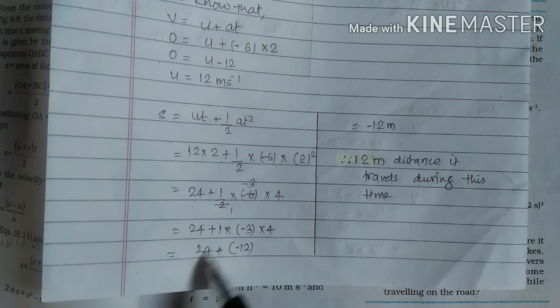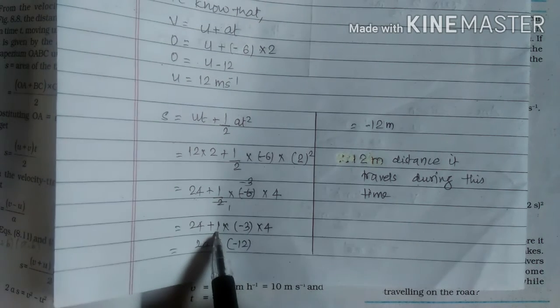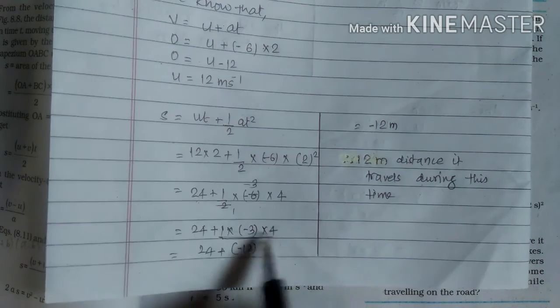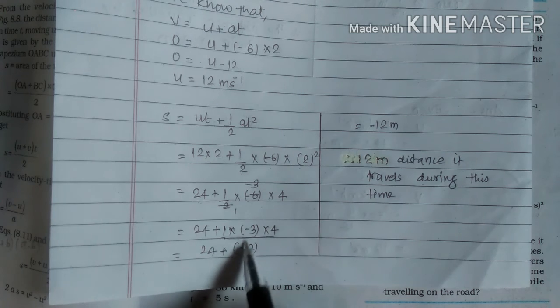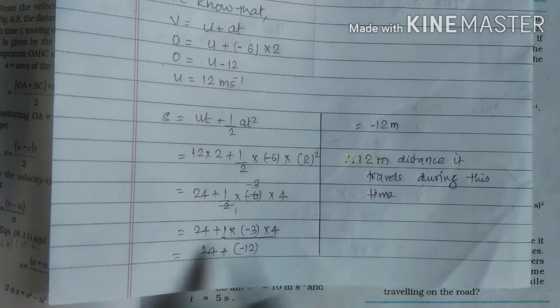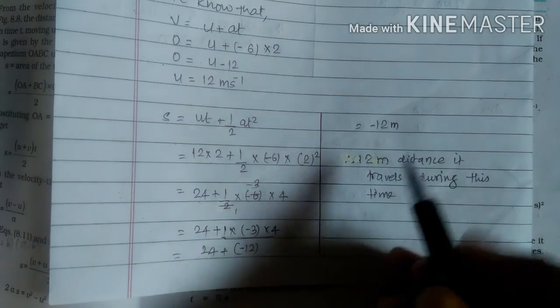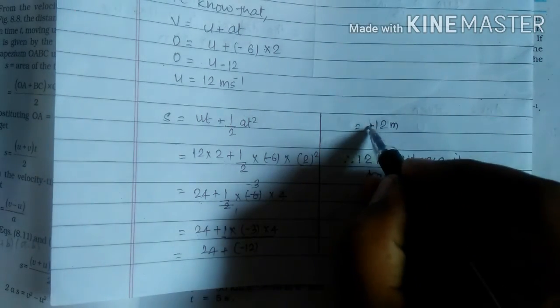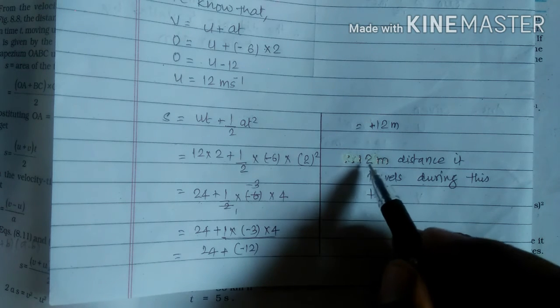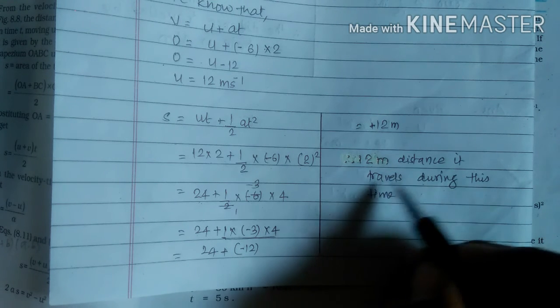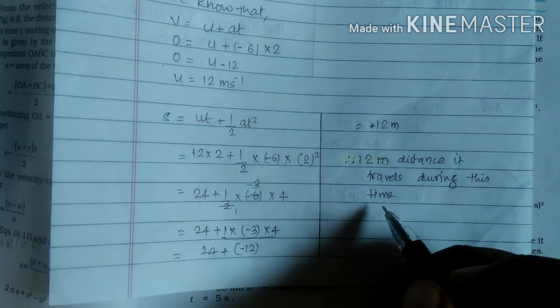Now 24 as it is, here we have to multiply these 3. First 3 ones are 3, 3 fours are 12, minus as it is. Then when we subtract 12 from 24, it becomes plus 12, means 12 meter. Therefore 12 meter is the distance it travels during this time.